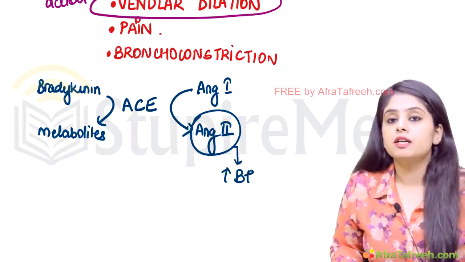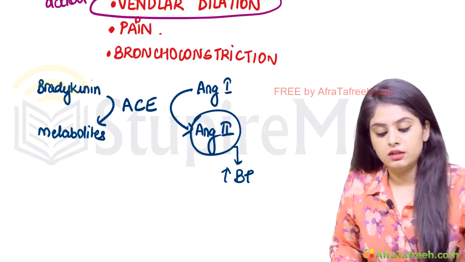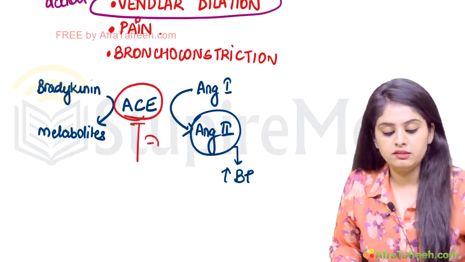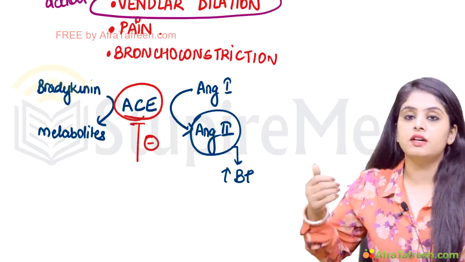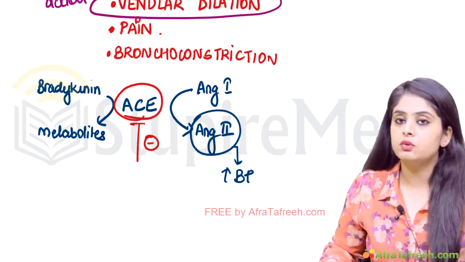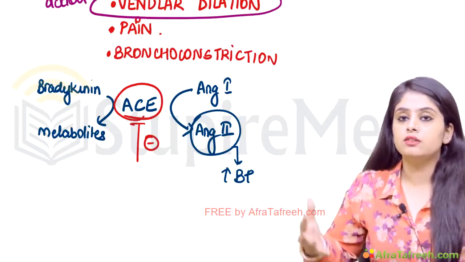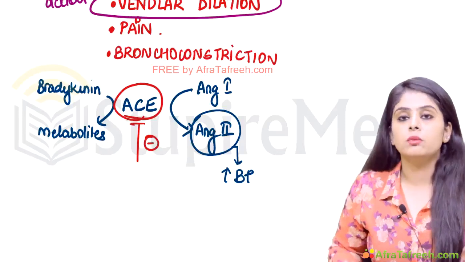So what type of a drug can you give to a patient of hypertension? ACE inhibitor. We are going to inhibit this and thereby result in decrease in BP, because angiotensin 1 will not get converted to angiotensin 2, aldosterone will not be secreted or will not be resulting in sodium water retention, so the blood pressure will go back to normal.